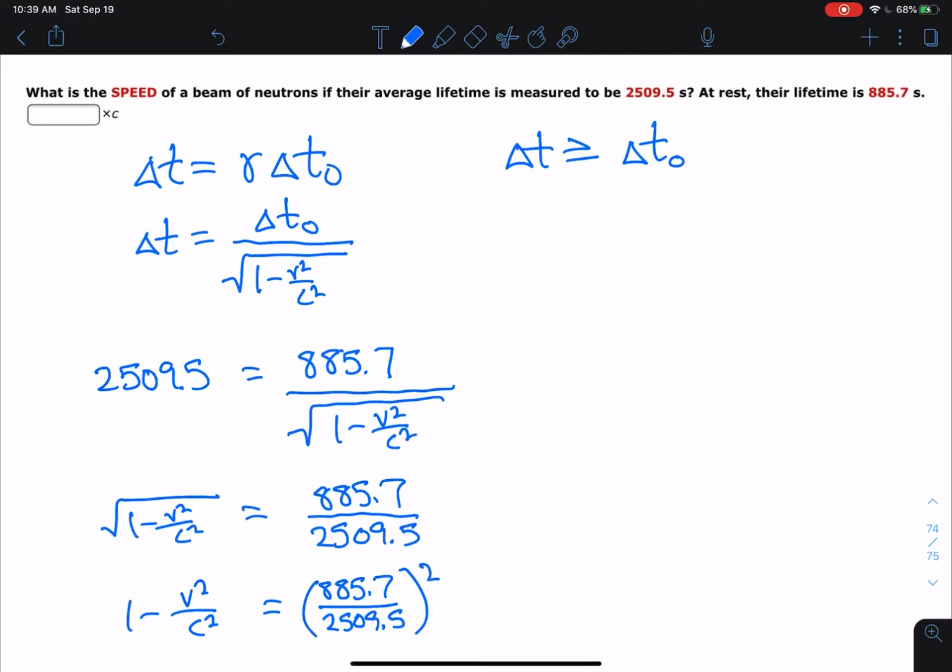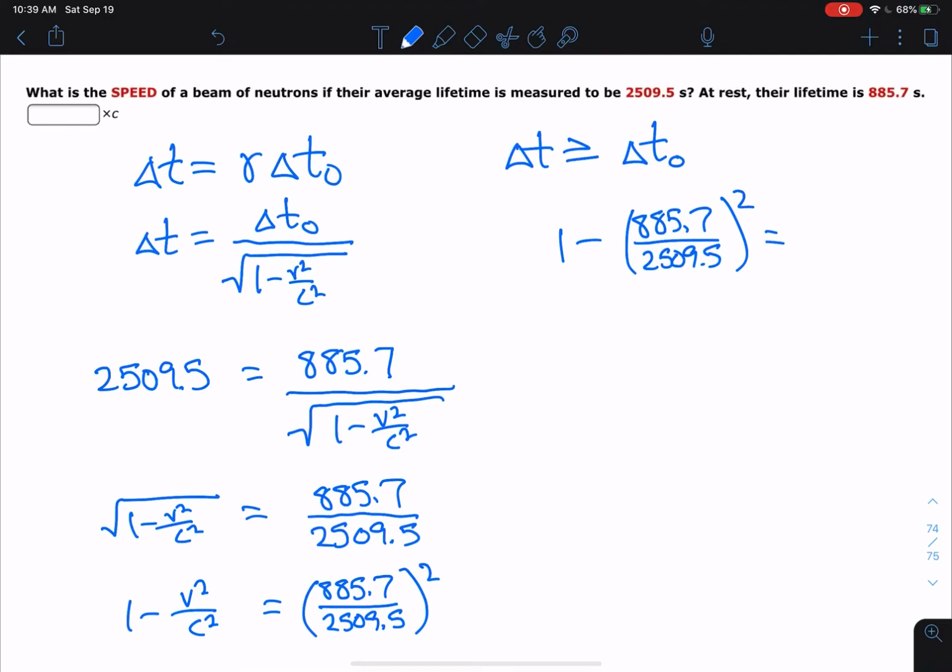Okay, I need to solve. Remember what we're solving for. We're solving for v here. So I'm going to move this to the other side and consequently move this to the other side. And so that's going to be 1 minus 885.7 over 2,509.5, squared. Obviously, you could go ahead and calculate that fraction.